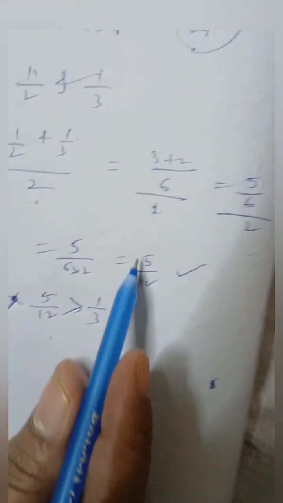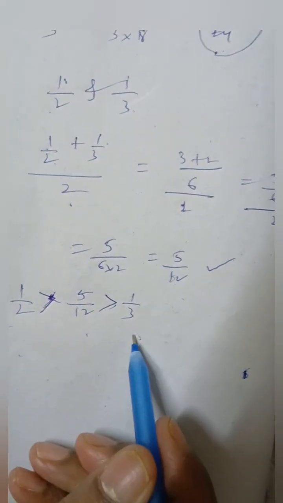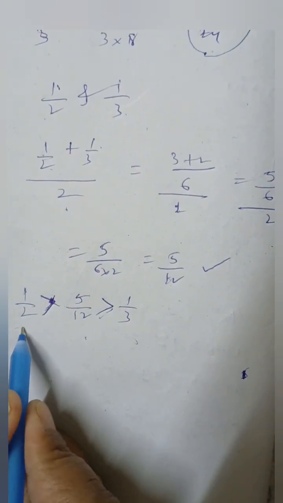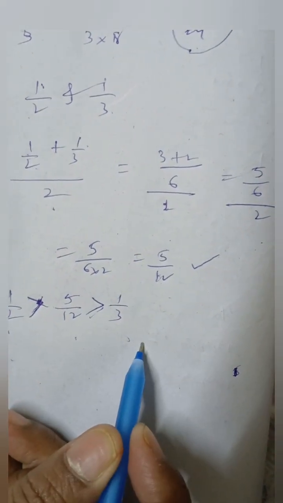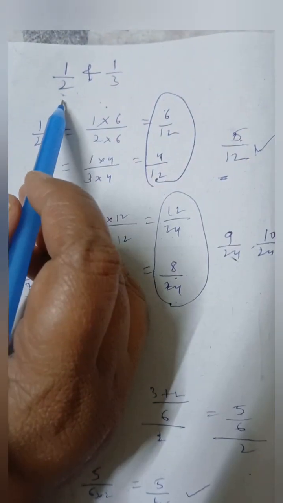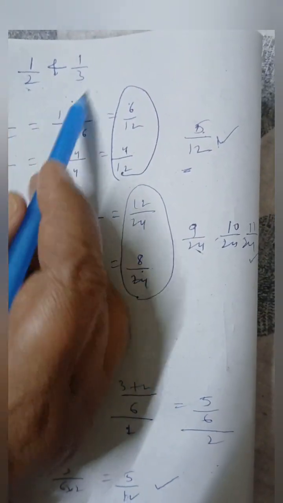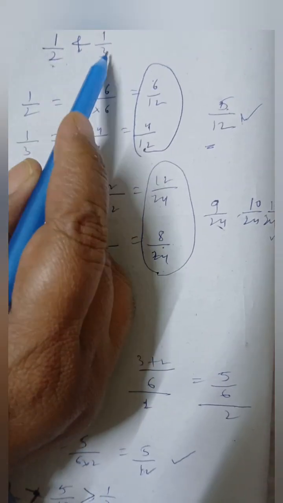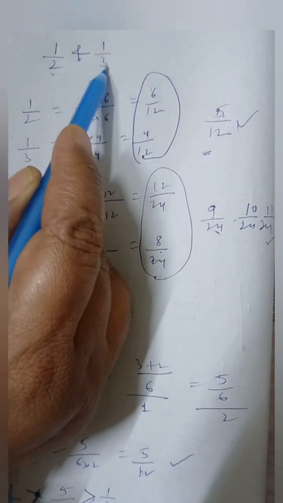And here you should understand that 5 by 12 is in between 1 by 2 and 1 by 3. Why did I write the greater symbol? Generally 1 by 2 is greater than 1 by 3, you know. Here numbers between these two is asked, but he did not tell 1 by 2 is less. 1 by 2 will be definitely greater than 1 by 3.